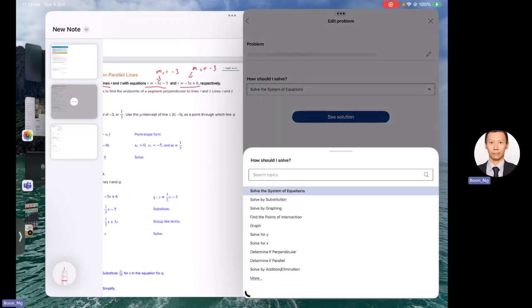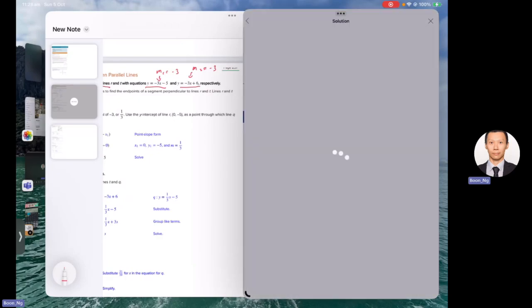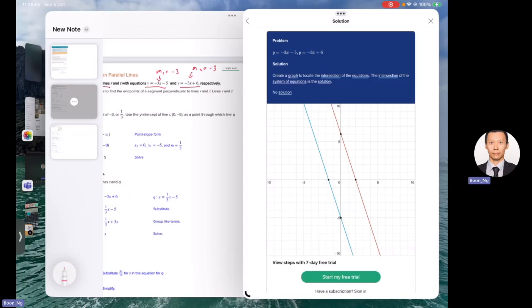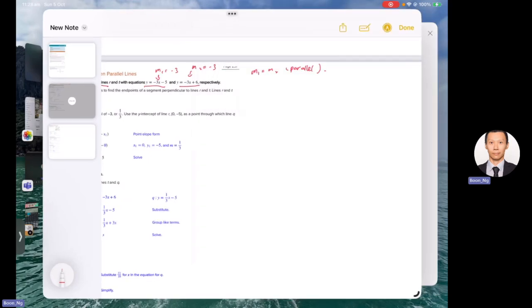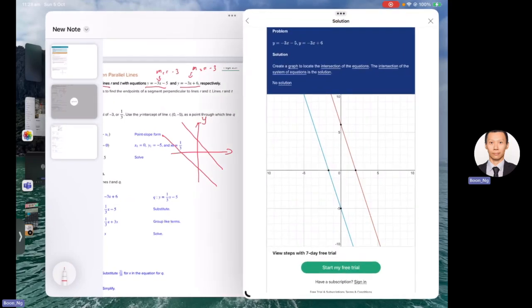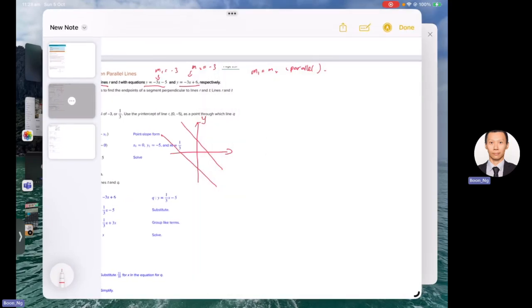I would select solve by graphing, see solution. You can see these two. I can't really modify this, alright? But what you'll be able to see is y, x. There are two lines.